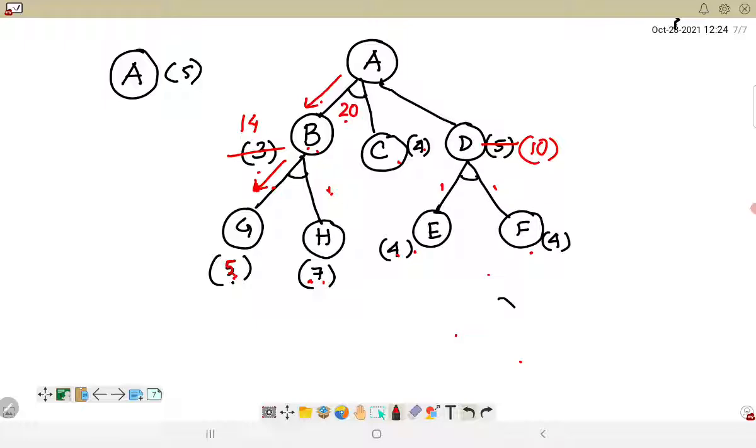So 20 is again larger than 10. So now the search will be shifted through D. So this is how the AND OR graph starts working. It shifts its search from one direction to the other direction based on the arcs which are already present.